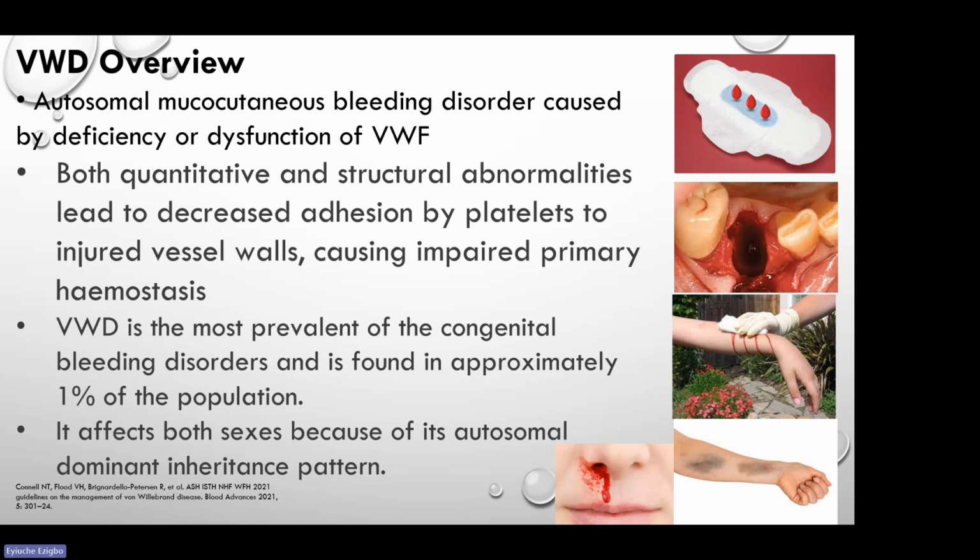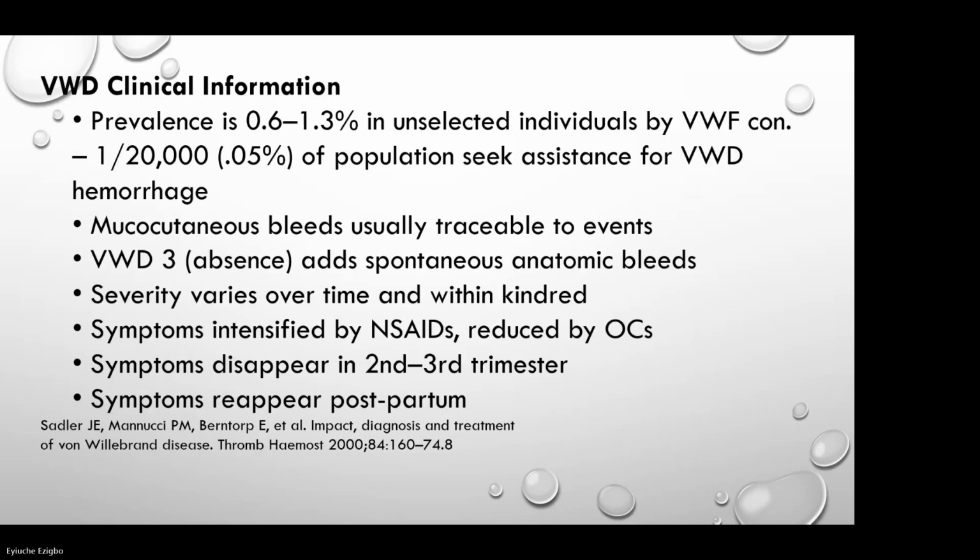It can also manifest as mucosal ecchymosis and petechiae in the skin, as nose bleed, even GI bleeding. These are some of the clinical presentations of von Willebrand disease.